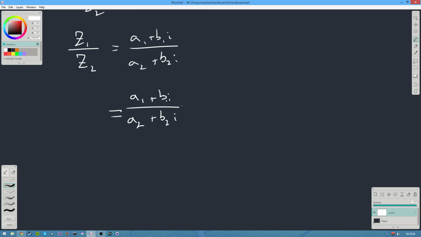Can anyone think what we do to get rid of this and make the bottom into a real number, but still keep the top imaginary? Yes, we multiply by the complex conjugate at the bottom. So what I'm going to do is multiply by 1, a2 minus b2i over a2 minus b2i. It's a nice little trick.